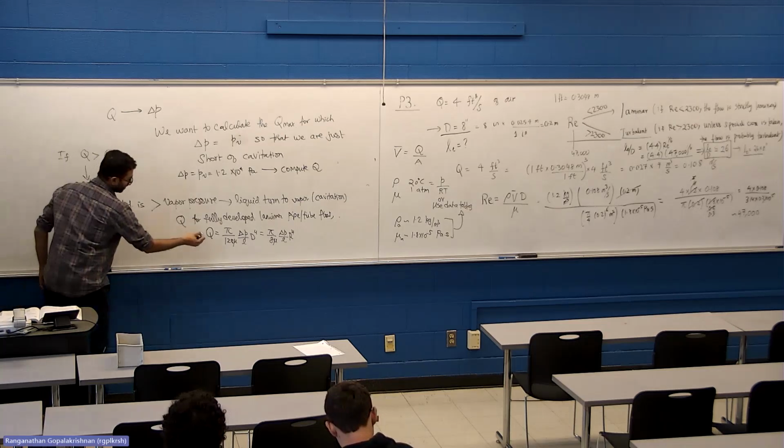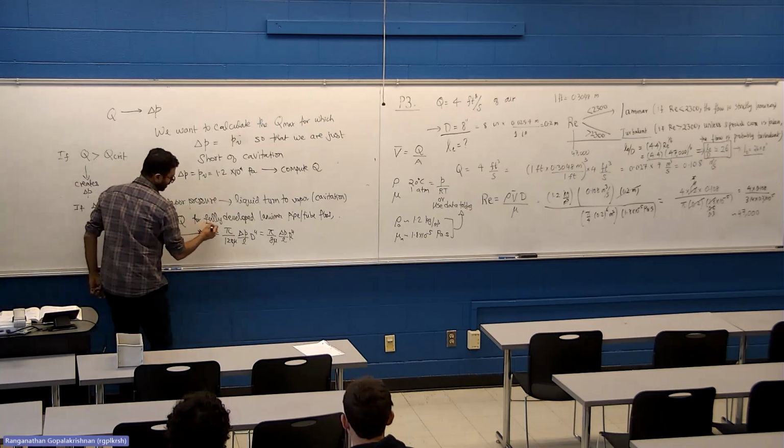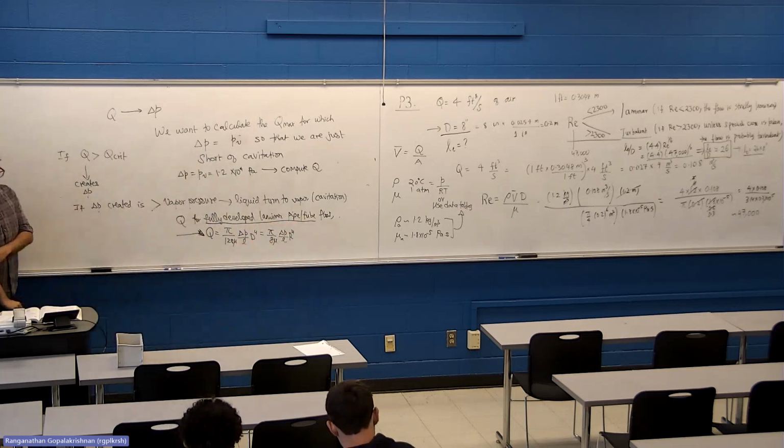This is probably something that should be on your equation sheet, because this is the only thing we discussed in class. So you should have this formula written down somewhere.